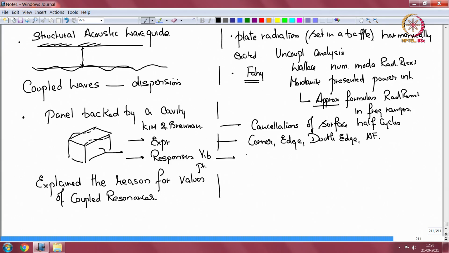Then he also presented modal average radiation efficiency, which I showed you how to start the derivation.